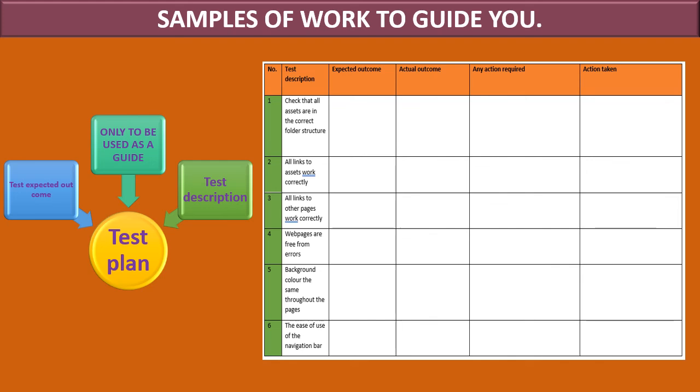Yeah, so it's expected that all the assets will be laid out correctly, and the actual outcome will be if you have met the expected outcome. So you need to write this up and reword it. Put it in your own words. Use the test description that we have here as a guide, as a key to what you will be filling in the different sections.